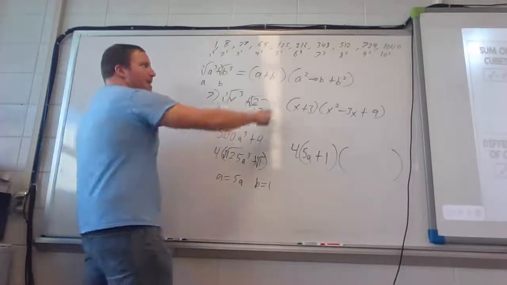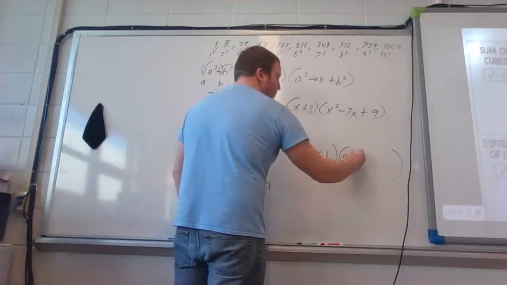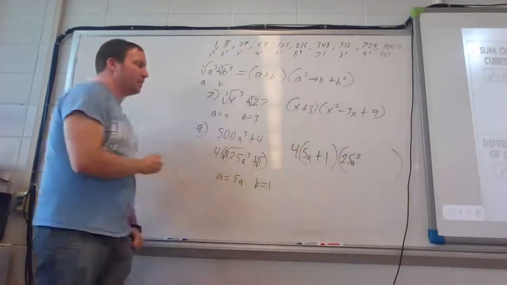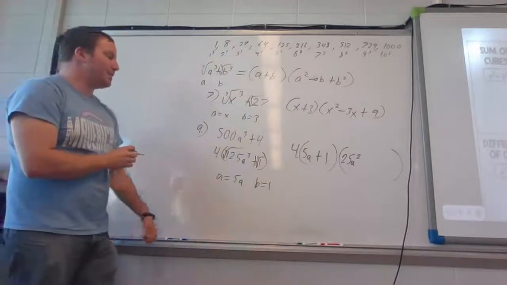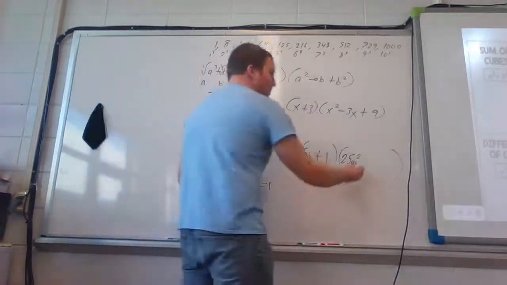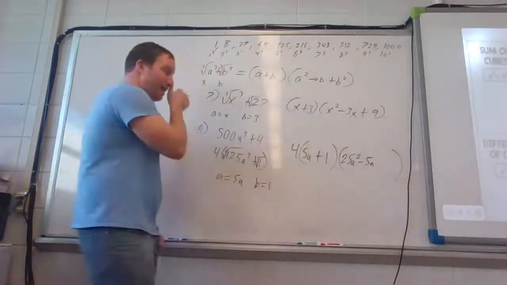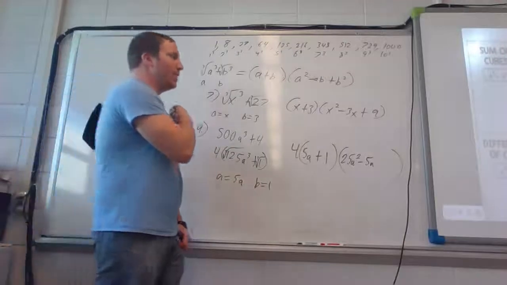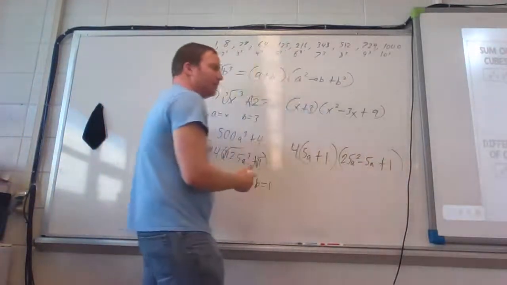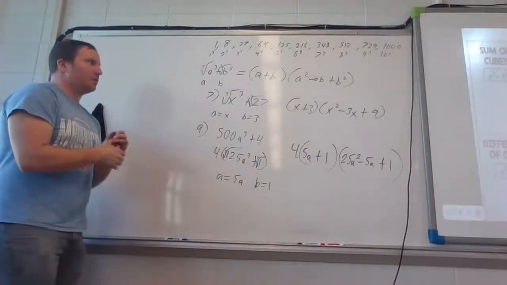Then we have a squared, so 5a squared gives me 25a squared. Minus ab, so minus 5a times b just gives me negative 5a. And then plus b squared, well, b is 1, so 1 squared is 1.